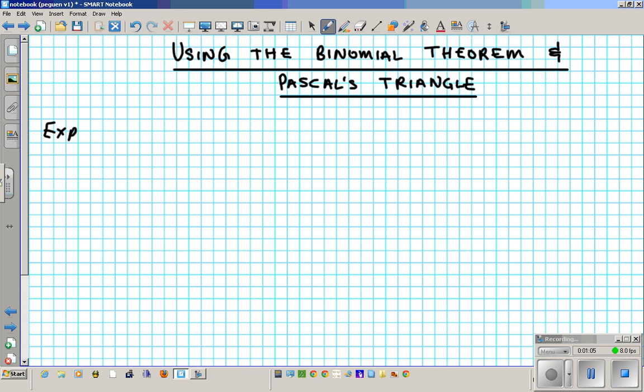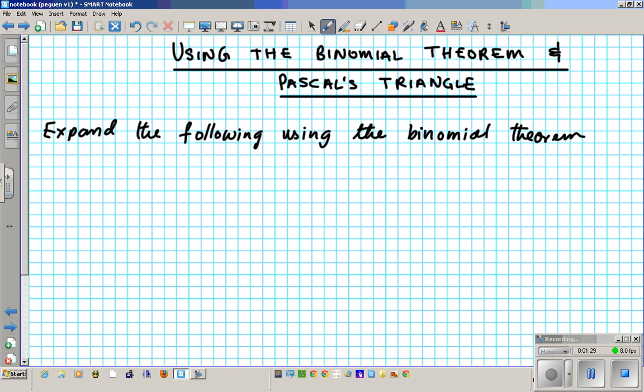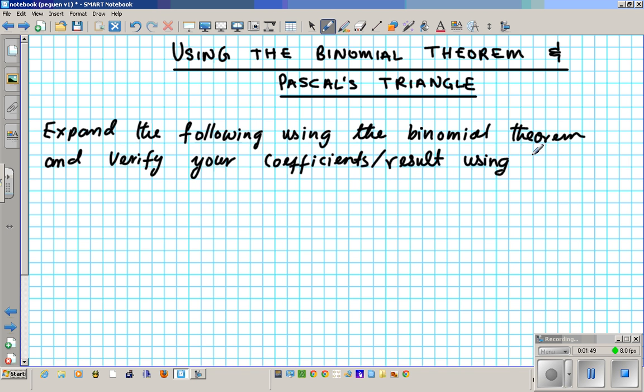Expand the following using the binomial theorem, and verify your coefficients or result, wherever applicable, using Pascal's triangle.